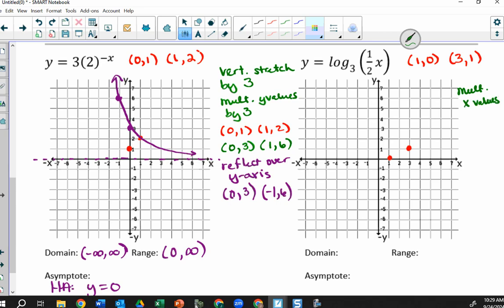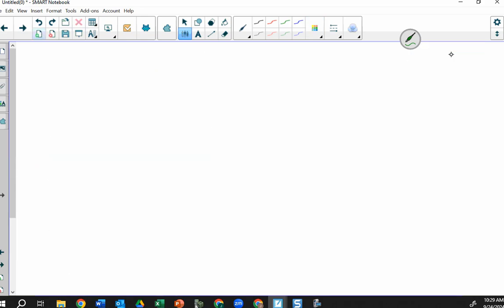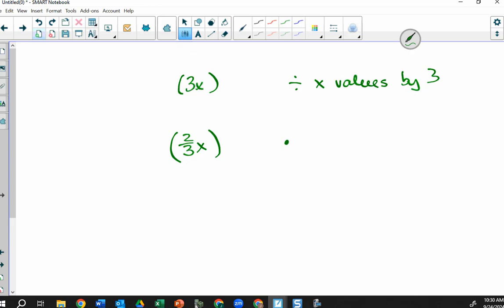It's not what it looks like it should be. It's essentially the reciprocal of what's in there. So Carly, if you saw 3x in parentheses, that would mean divide x values by 3. If you saw 2/3 x, you'd want to multiply x values by 3/2.